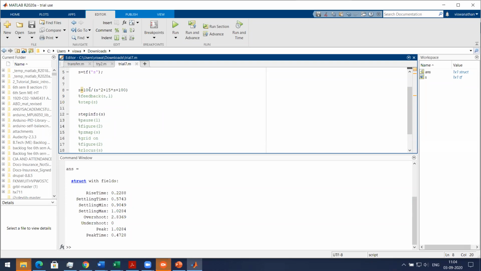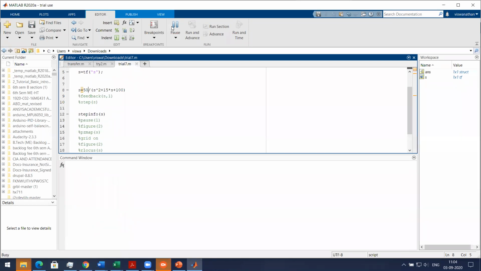The numerator can vary; it doesn't affect the parameters over here. Even if I change this to 50 and run this, it's not going to change these things. It's going to be the same.